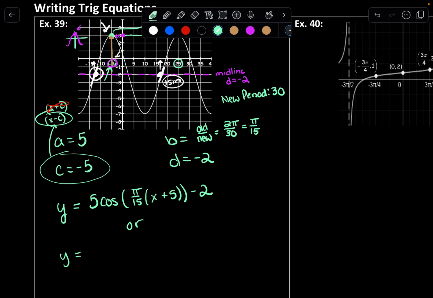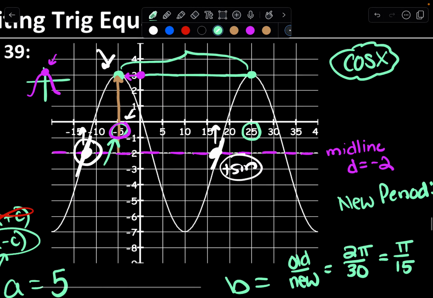So you could do y equals negative 5 cosine. Nothing changes except for the phase shift. No matter if you use positive or negative sine or positive or negative cosine, the only thing that will change is the phase shift. So if I were to use negative cosine, I would use this minimum here. This would be my negative cosine.